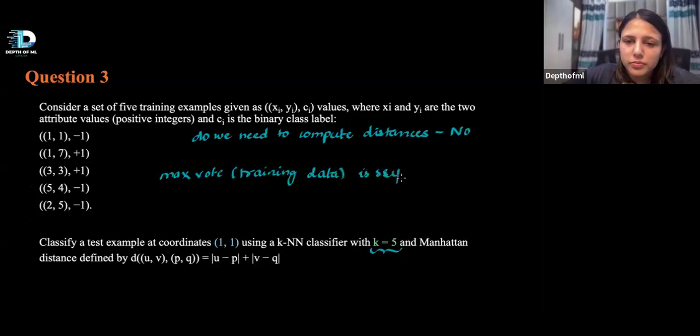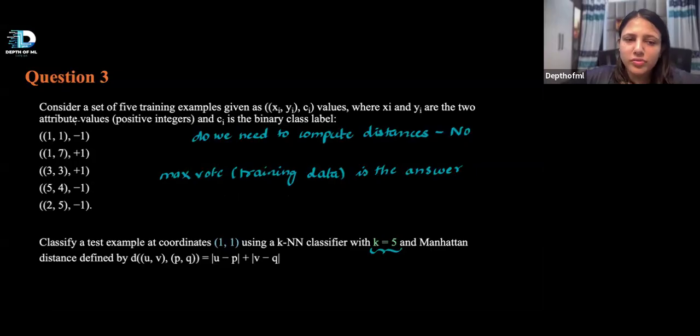So be careful in the exam. If they give you these data points and they give you K to be the exact number of data points that they have given you in training, you don't even have to compute the distances. Just look at the max vote of all the data points, and you will have your answer, right?